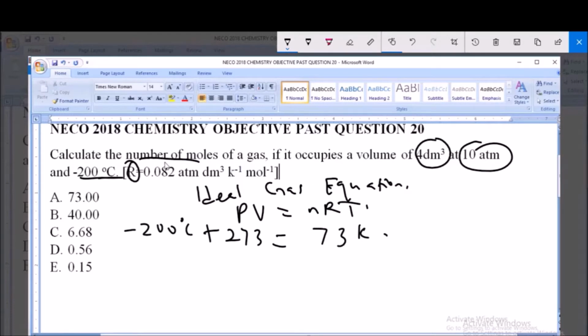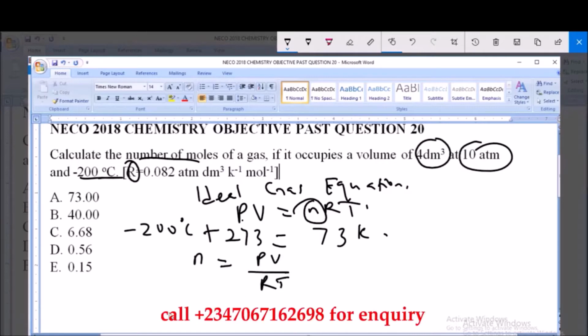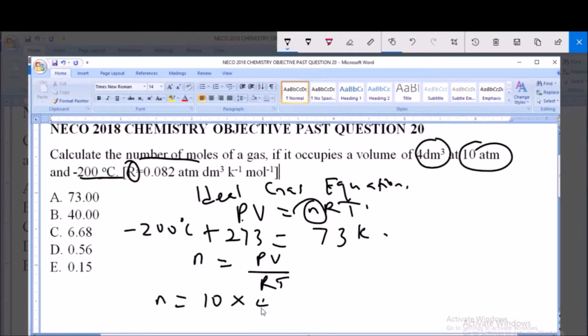We are looking for the number of moles, n, and we are given the other variables. If you make n the subject of the formula, n is equal to PV over RT. Now we can substitute each value: pressure is 10 atm times volume, 4 dm cube, over R, our constant, 0.082, times T, our temperature, 73 Kelvin.